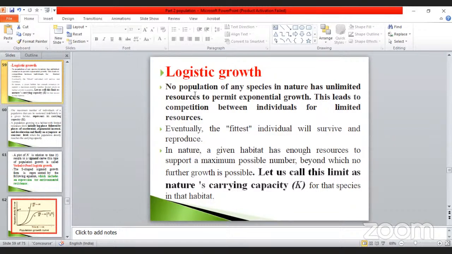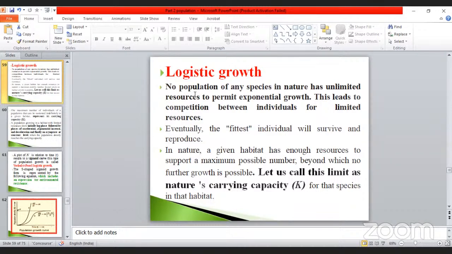All the requirements, food, shelter, water, and all those things, favor one of the organisms. Such a condition is called survival of the fittest. Eventually, the fittest individual will survive and reproduce. That survival is also essential for reproduction, then only the population will increase.